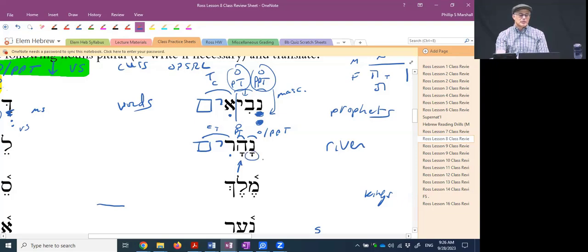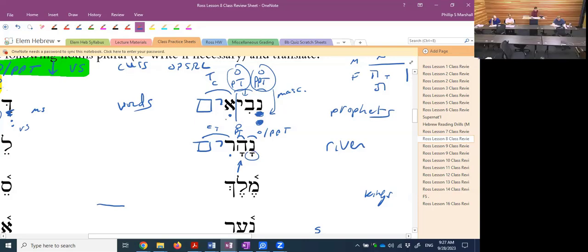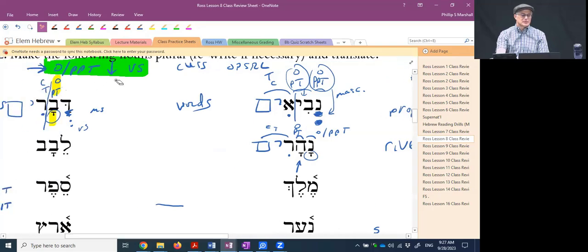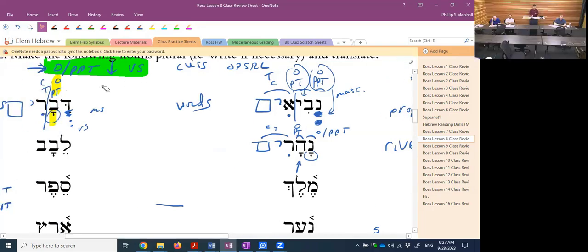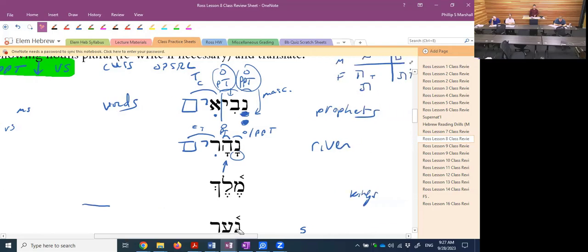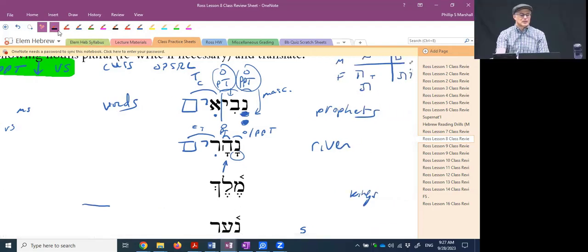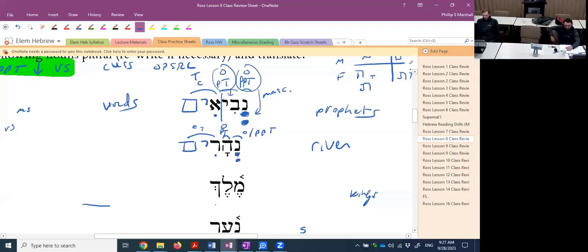But what do I do to the open propertonic vowel here? Reduce. What does Hebrew reduce open propertonic syllables to? They go to vocal shava, right? So I want this to go to vocal shava as well. And so I'm going to get not nahar-im, but naharim with a vocal shava.